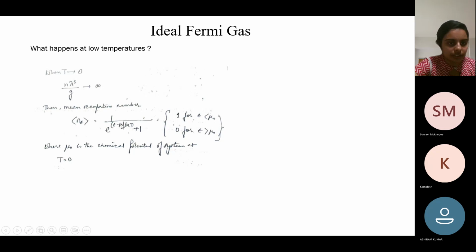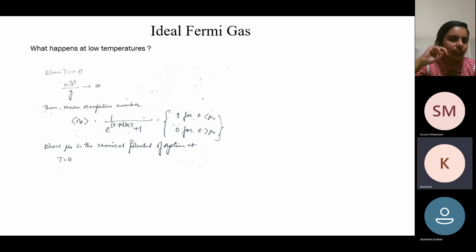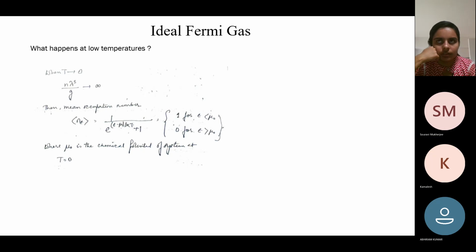So what this tells you is, if you have to plot the mean occupation number, how will it look? Can you tell me? Ma'am, kind of a rectangle that fills up to mu naught.